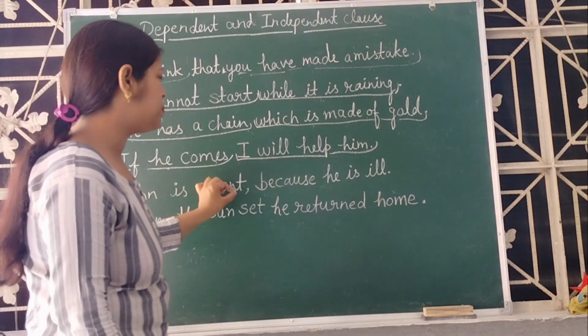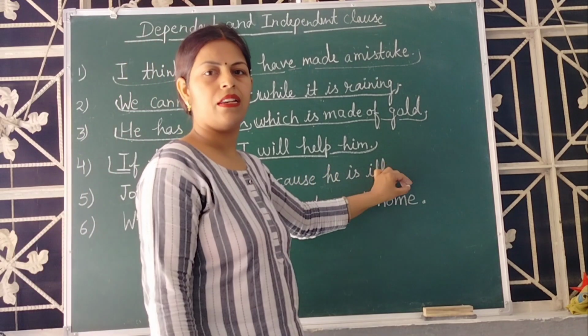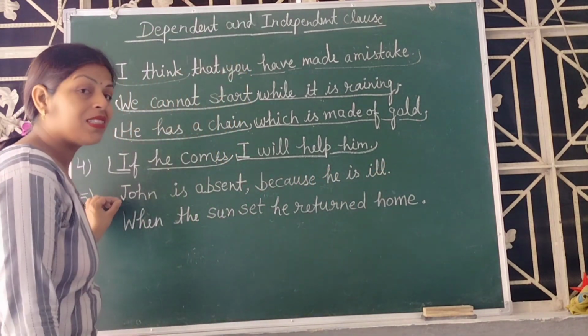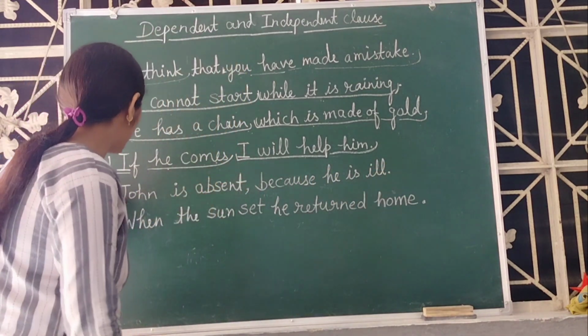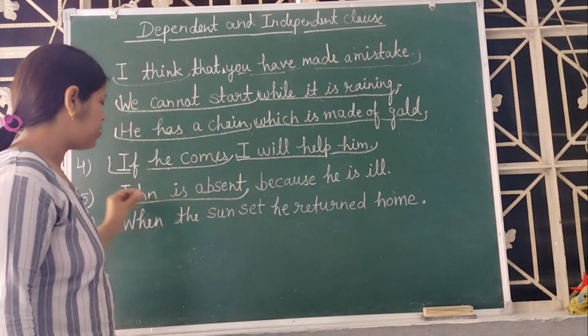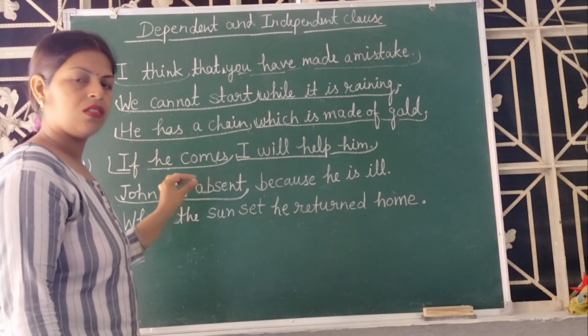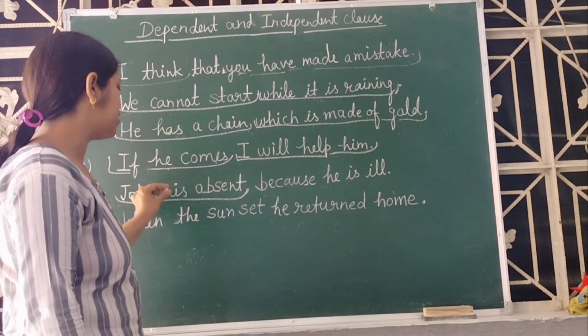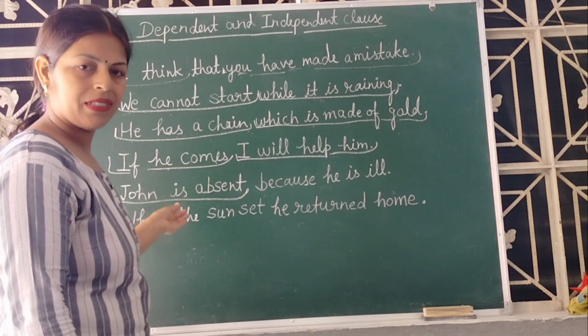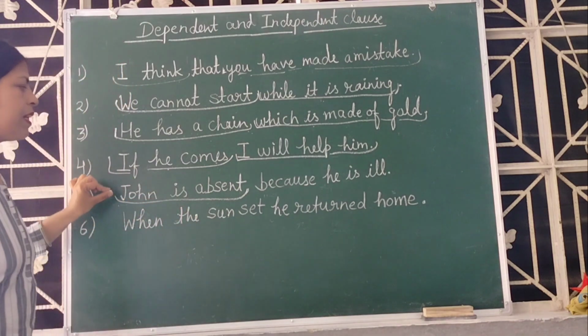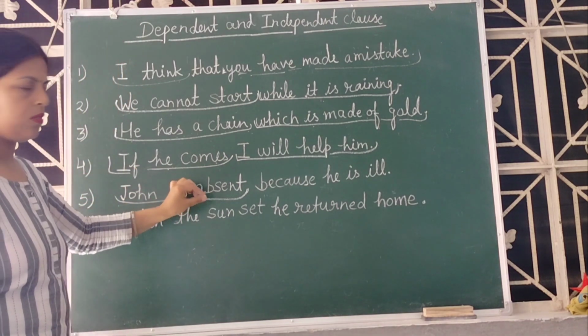Next example is: John is absent because he is ill. If I say only John is absent, we have a subject verb combination. It is a clause. It has complete sense in itself. It needs nothing to make a complete sense. So it is an independent clause.